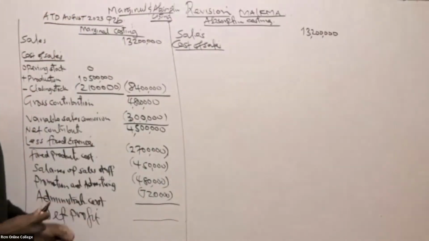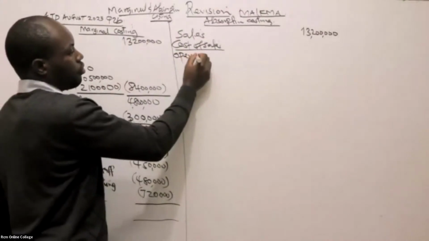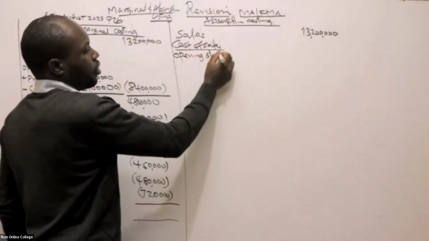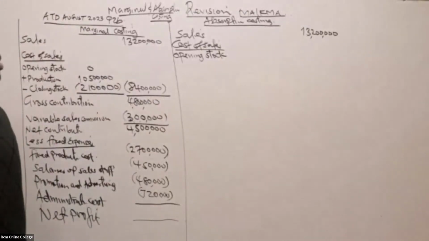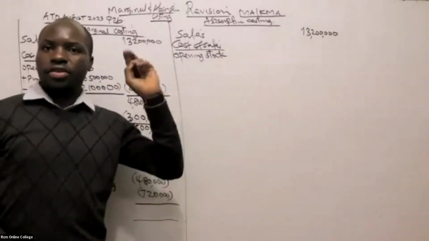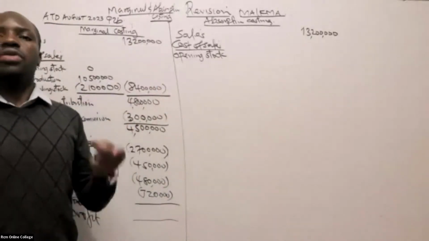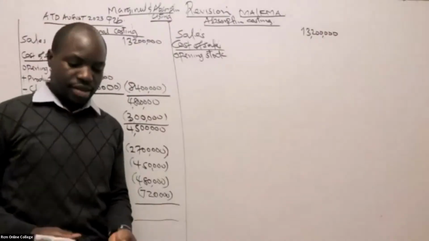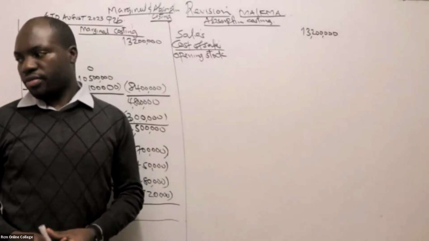So under cost of sales, let's bring in the opening stock. Our opening stock here we have 0 units. And if we had opening stock, we should have the cost per unit of the opening stock. If that is not given, what do we do? We use the production cost as the default cost of the opening stock.